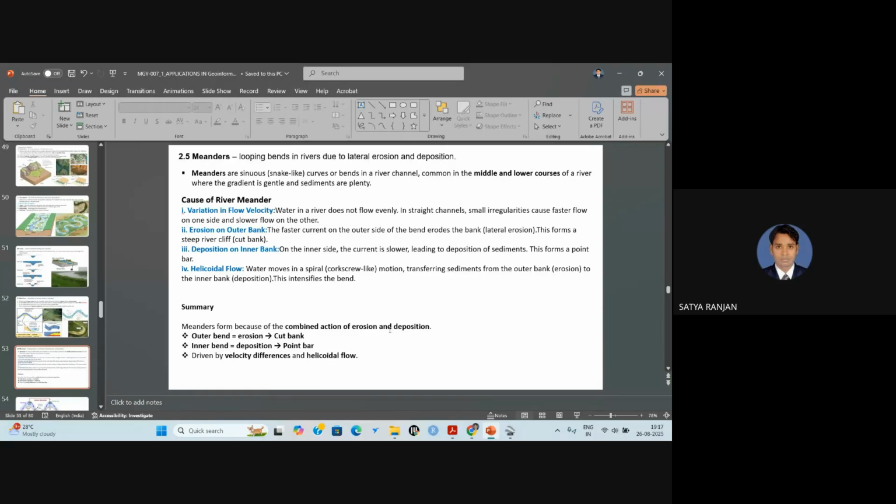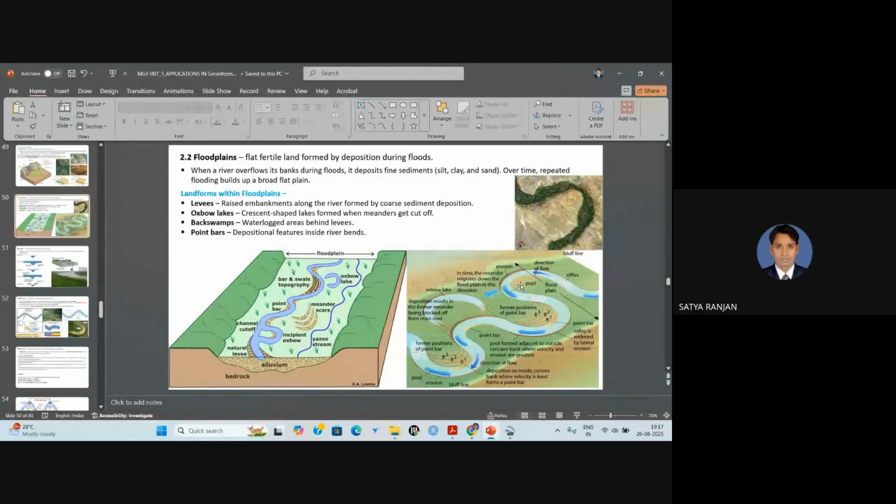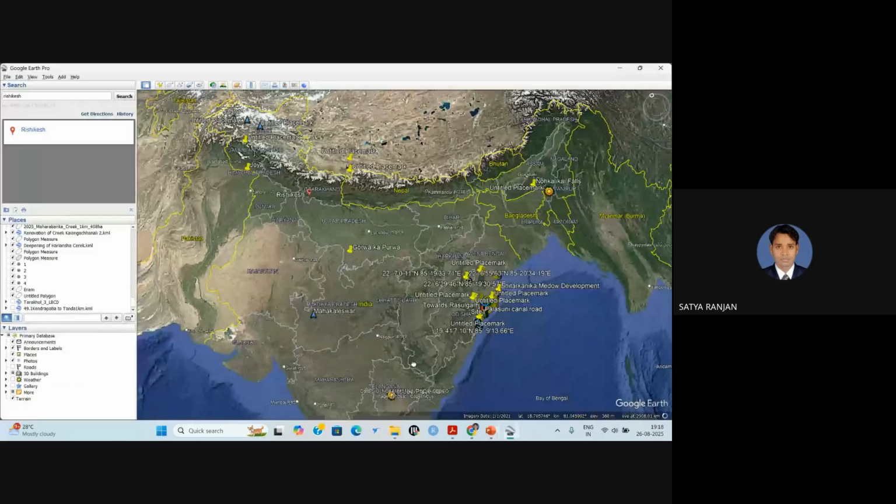Then meander. A meander is a looping bend of a river due to lateral erosion and deposition. This sinusoidal shape is the meandering of the river, due to erosional and depositional formations.